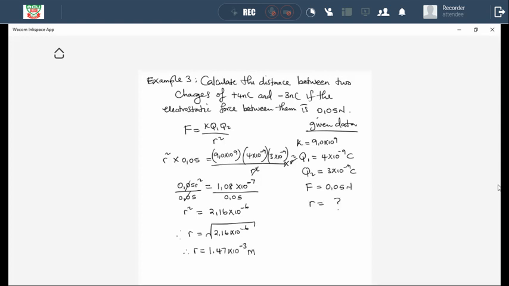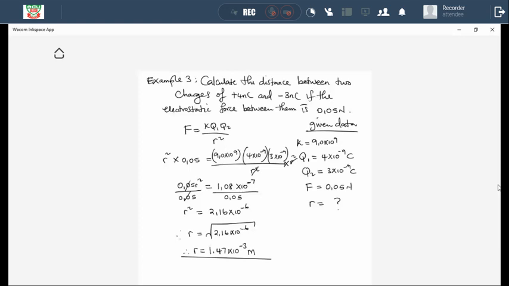And remember, these are meters, right? You can verify that with your calculator if we are getting the same answer. All right. 1.47 times 10 to the power minus 3, and these are meters. Then I underline my answer here. That is the distance between the two.